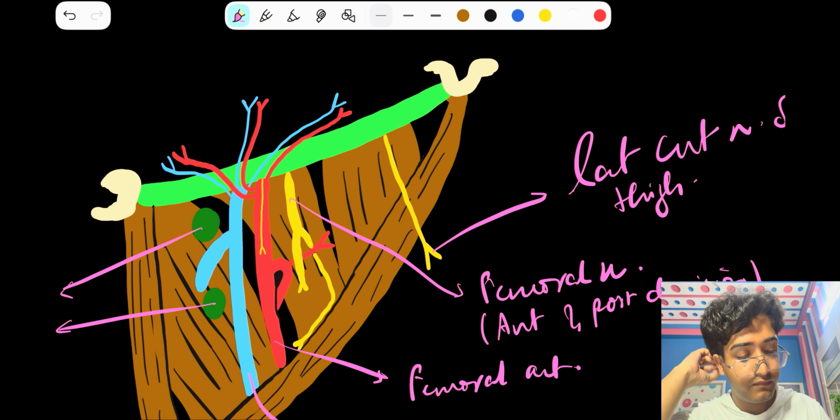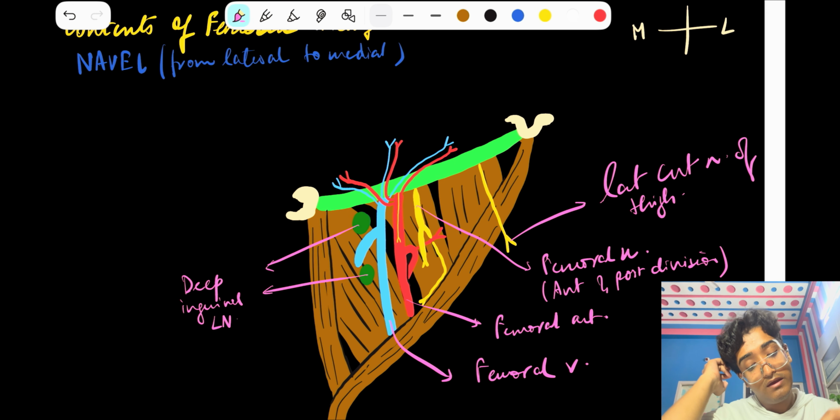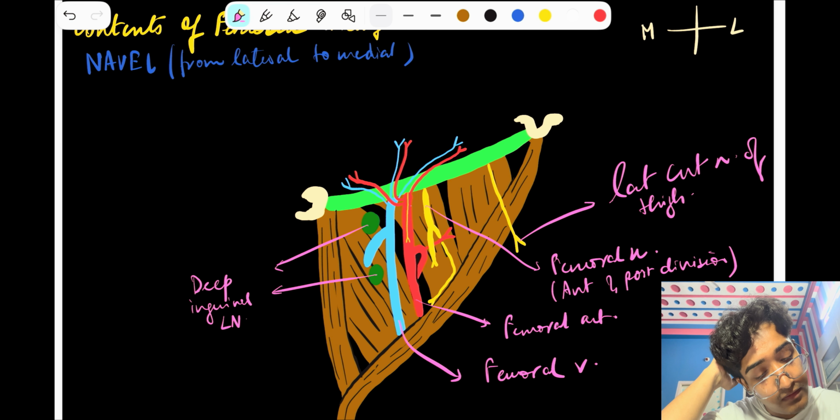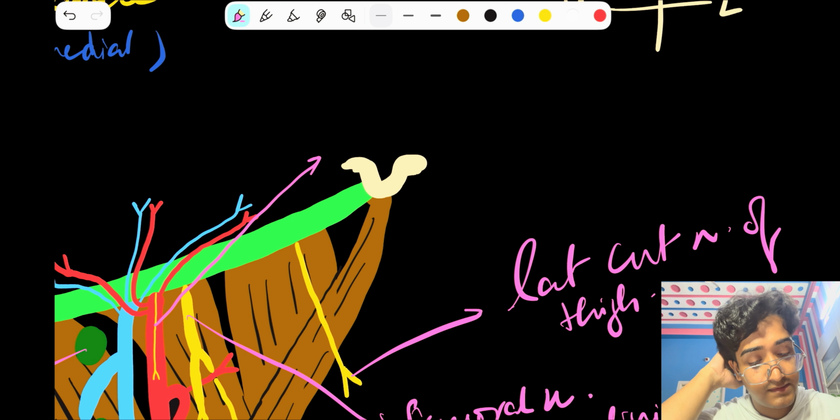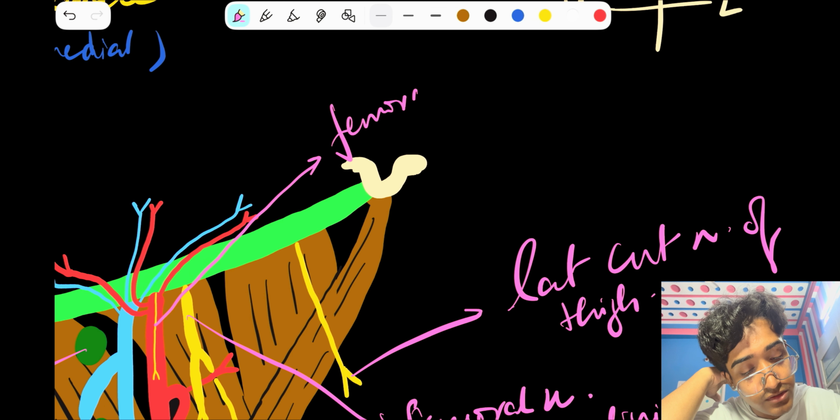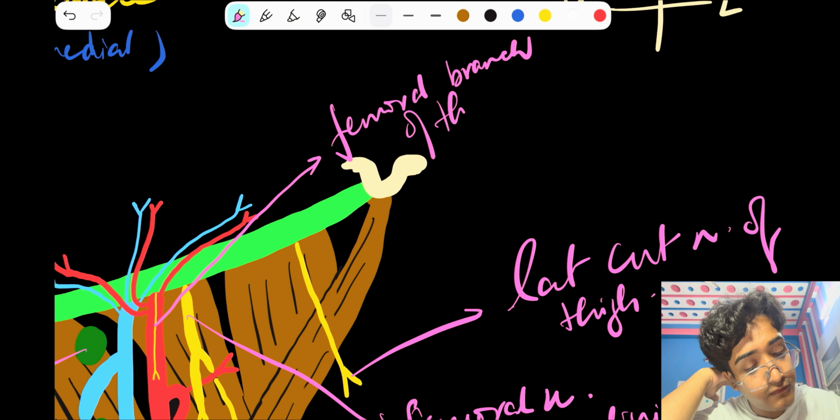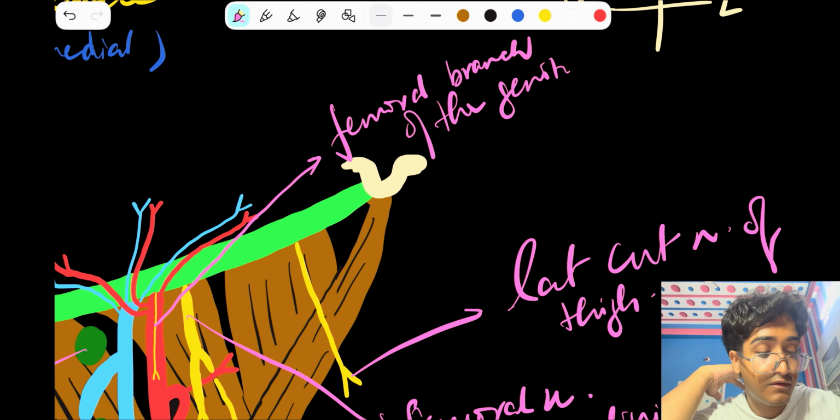Remember another thing: just above the femoral artery lies another nerve, the femoral branch of the genitofemoral nerve.